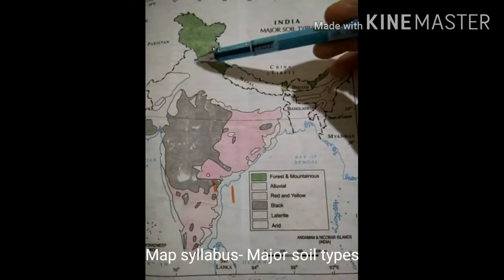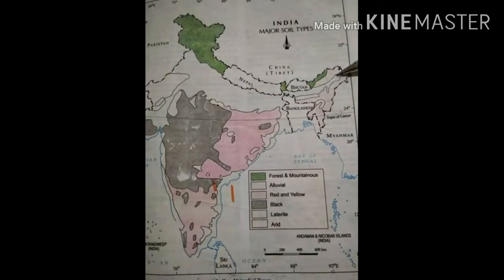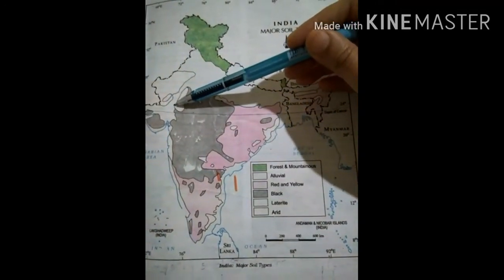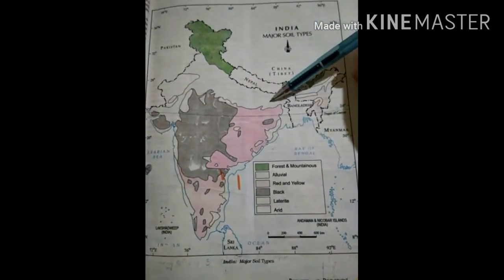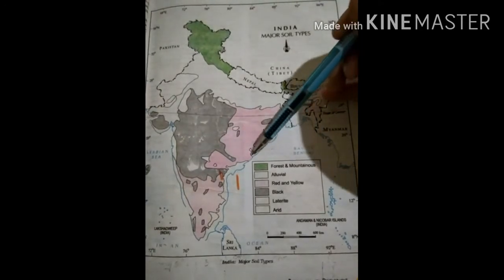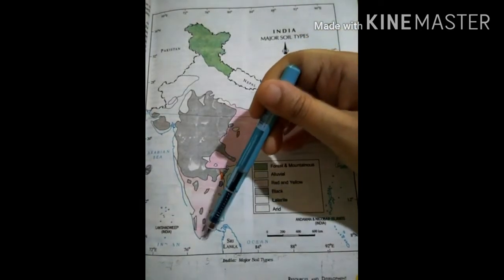Alluvial soil is covering the northern plains and some part of Assam, and through a narrow corridor it is moving towards Rajasthan and some part of Gujarat also. And after West Bengal it is also covering the eastern coastal plains. See, this is the eastern coastal plains.